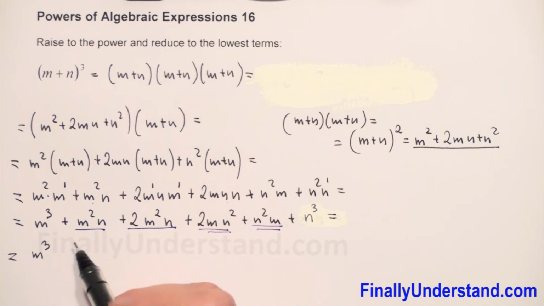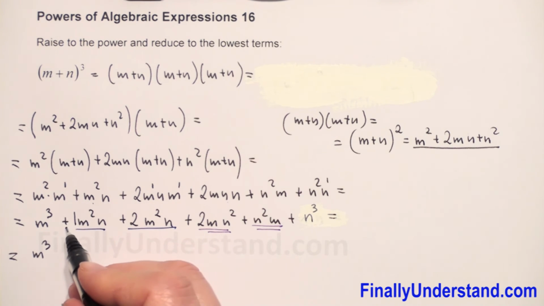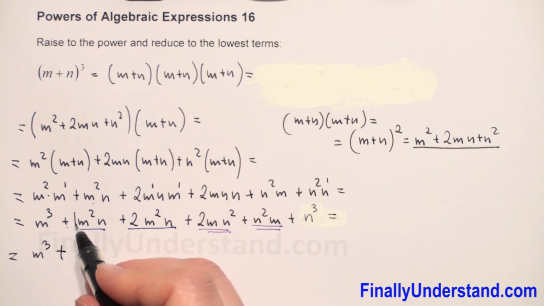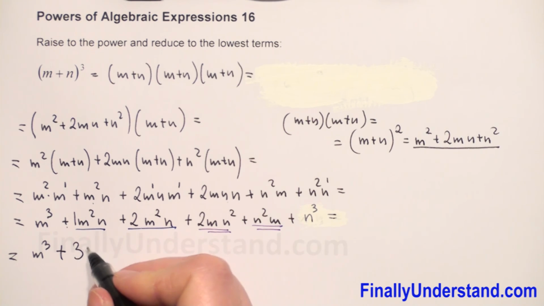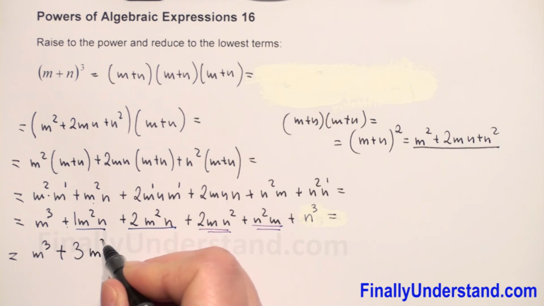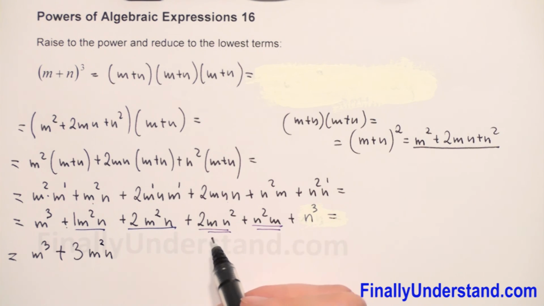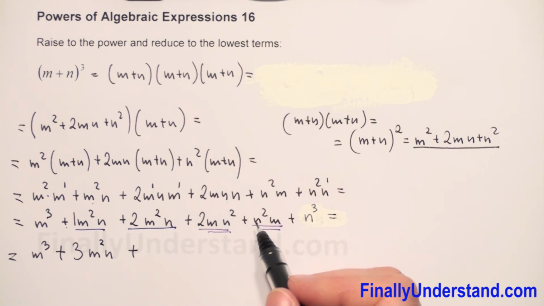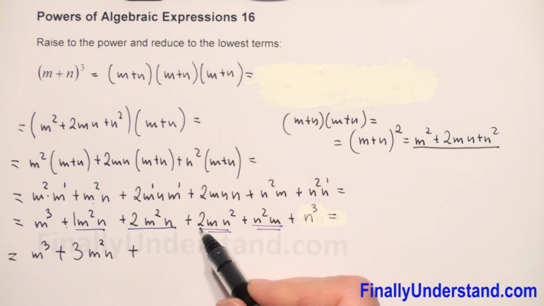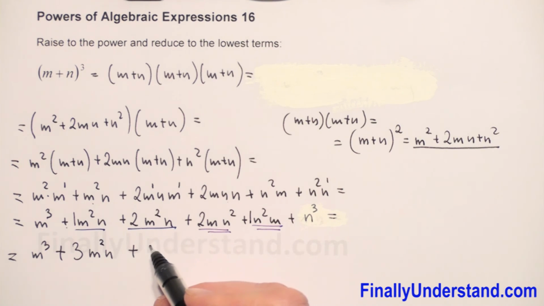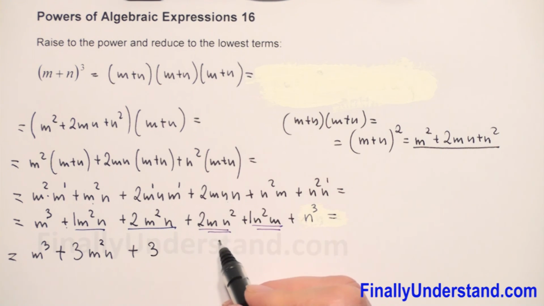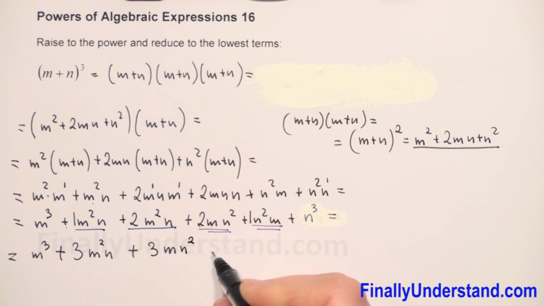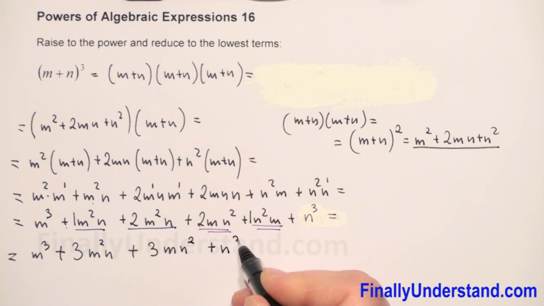So now when we don't have coefficients, it's always invisible 1, positive like term and positive like term, so we have to keep the positive sign. 1 plus 2 is 3, and we just copy whatever is after the coefficient, m squared n. Next we have again positive and positive, so it will be positive, and we have to add the coefficients. 2 and invisible 1, so 2 plus 1 is 3, and I will write this in alphabetical order. So we have m n squared, and at the end we have n cube.